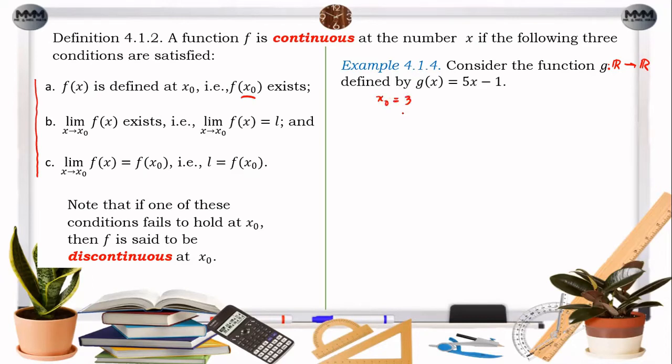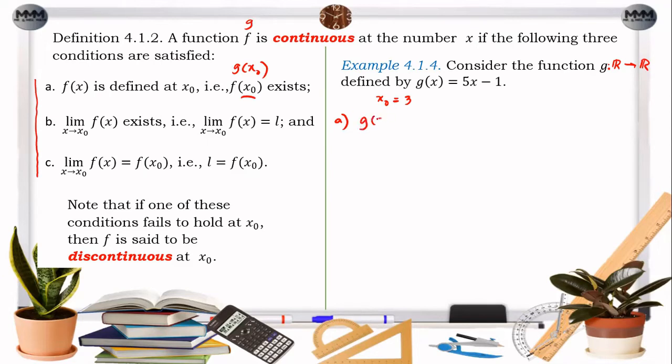Here we will be testing whether the given function g is continuous at point 3. The first condition is g of x sub 0, so we will be showing that g is continuous at the number x sub 0.